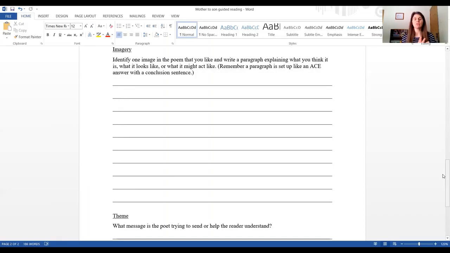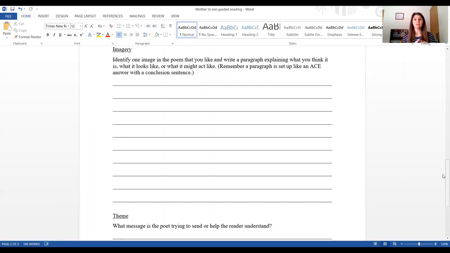Okay, so what I want you to do is from the poem, pick out 1 image that you like and write a paragraph explaining what you think it is, what it looks like, or what it might act like. And remember that a paragraph is set up like an ACE answer, except that it's also going to have a conclusion sentence. So I want you to give me a topic sentence that introduces the image.